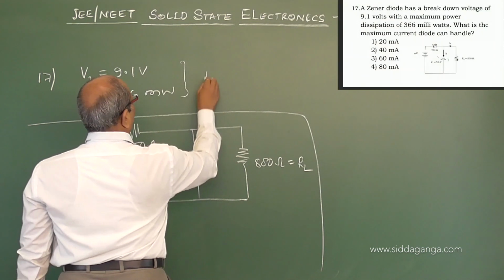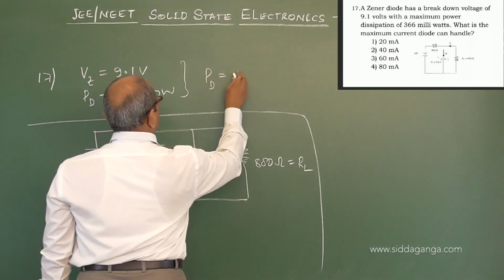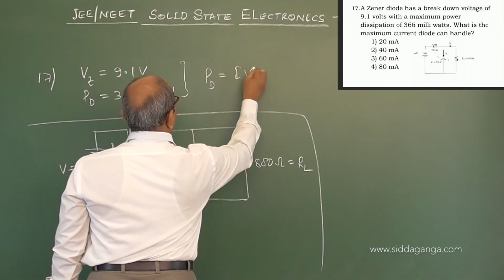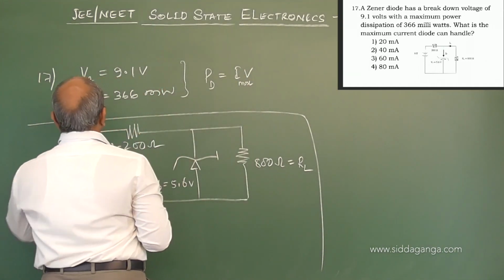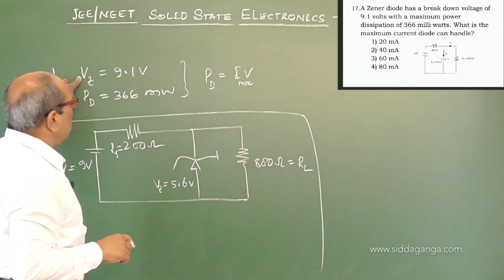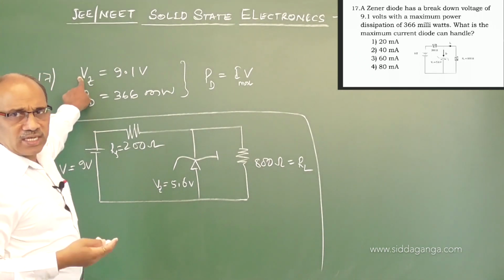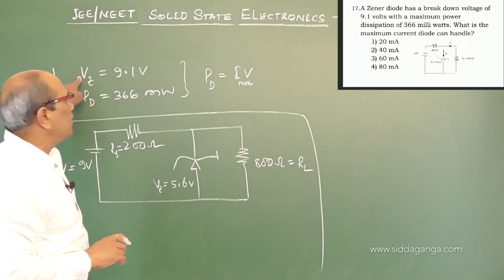I told you, in the case of power dissipation across a diode, it is current into voltage, maximum current into voltage. But here, given the resistance, you require the maximum current the diode can handle.